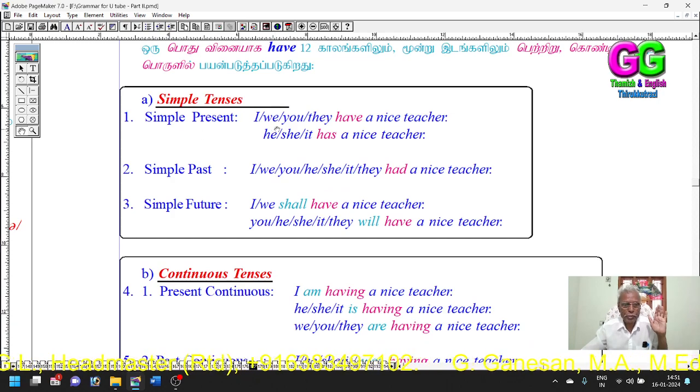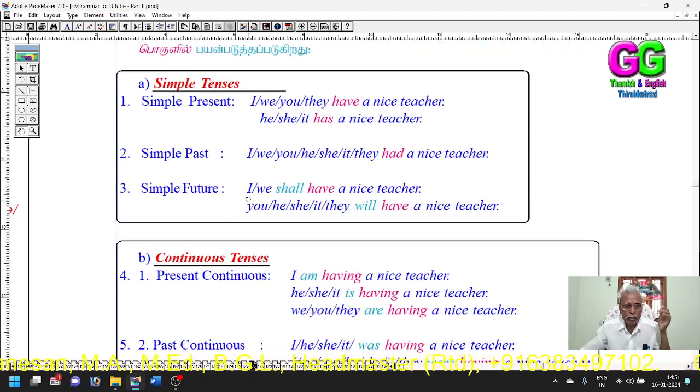In the simple past, had is the form for all the subjects. I had a nice teacher. They had a nice teacher. For the future, I, we shall have a nice teacher. For second and third person, will have a nice teacher.